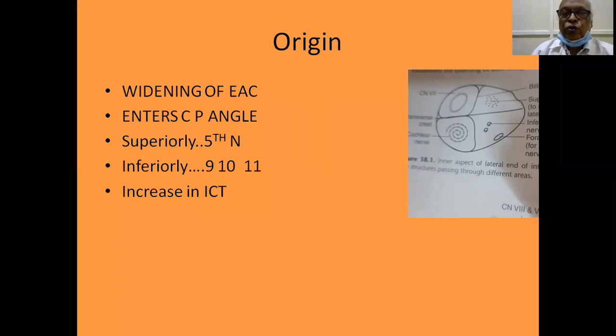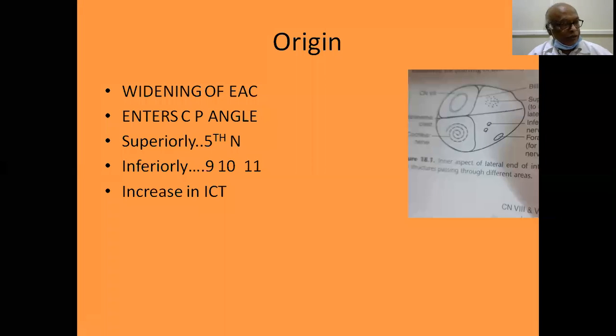As we all know, the statoacoustic nerve, once it emerges from the cerebellopontine angle, enters the internal auditory canal. This is the picture of the internal auditory canal. In the internal auditory canal, the arrangement is along with the facial nerve.